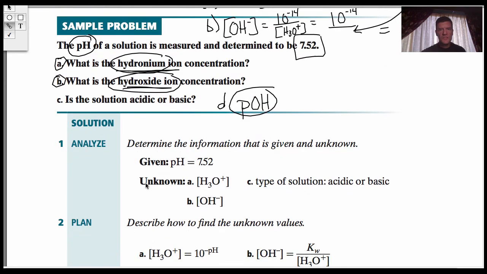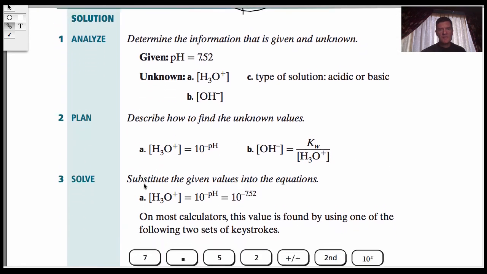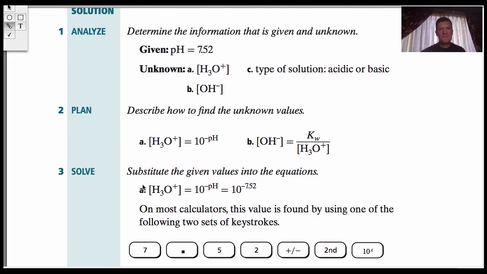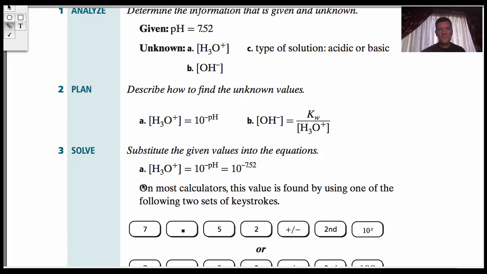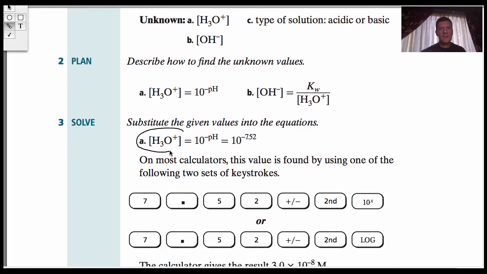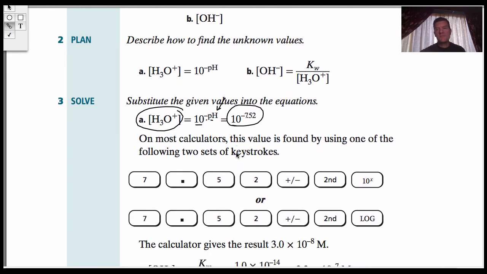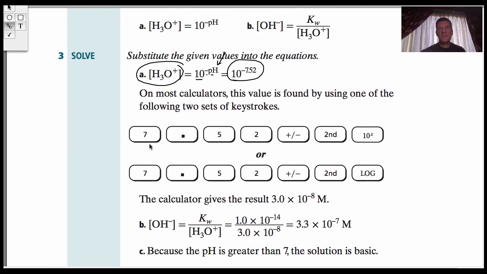All right, let's see if we got this right. So here is our hydronium. Knowing pH, 10 to the negative pH, so 10 to the negative 7.52. On many calculators, you might have to enter the decimal first, 7.52, then make it negative, and then use the second function of 10 to the x.